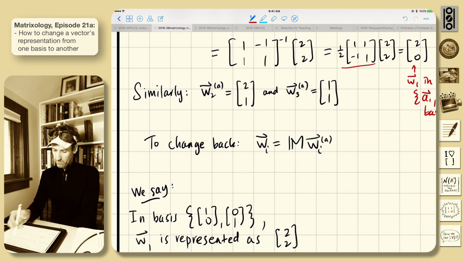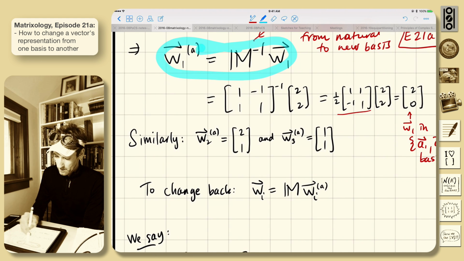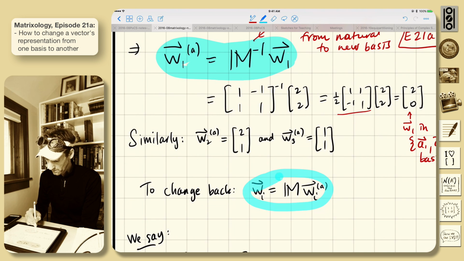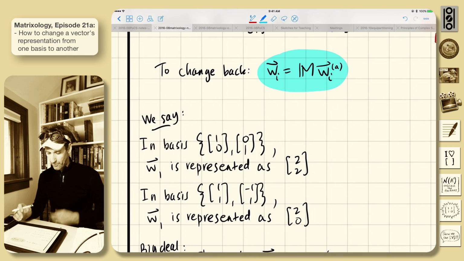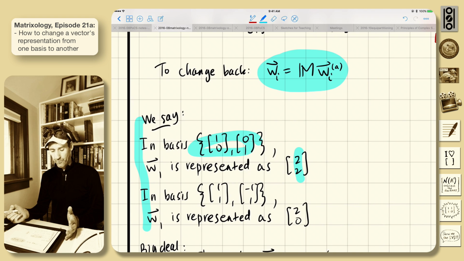And to change back, we invert it. So we've got this way of doing things, and to change back, we'd go like this. Okay, good. So, just an example of how we talk about things. In the natural basis, 1, 0, 0, 1, W1 is represented as 2, 2.